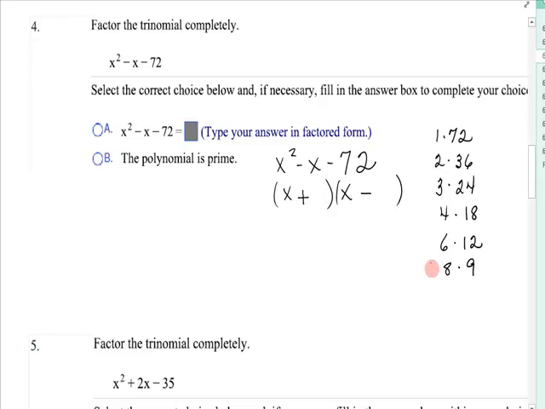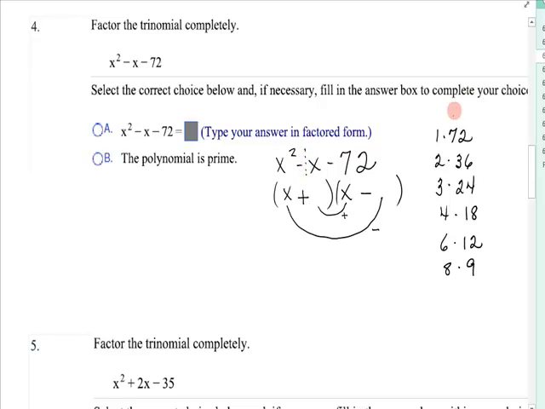Now, what do I choose? You've got to be careful. Now you've got 1 plus and 1 minus. So when you do your outer and you do your inner, the outer is going to have a negative sign. The inner is going to have a plus sign. You're not going to add them. You're going to subtract them. And you need to get -1.